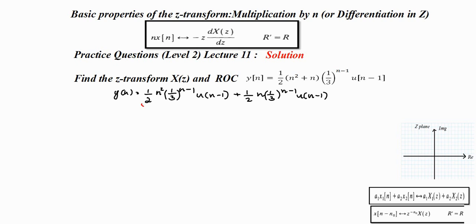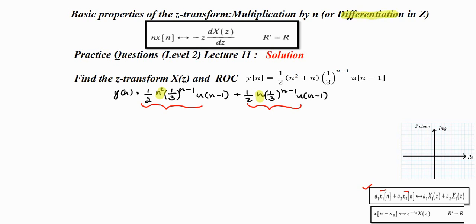One is like this and another signal is the second part. So here we need to apply the linearity property. If we know the transform of two signals x1 and x2, we can find the combination by simply adding, provided there is an overlapping ROC. In this case you can see that this is n square and here it is n, so we need to use the differentiation property.